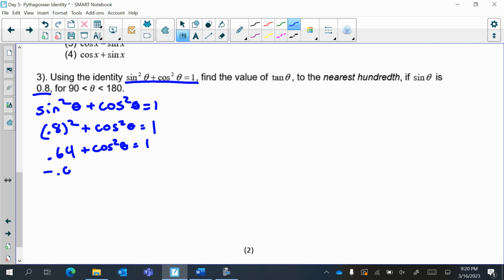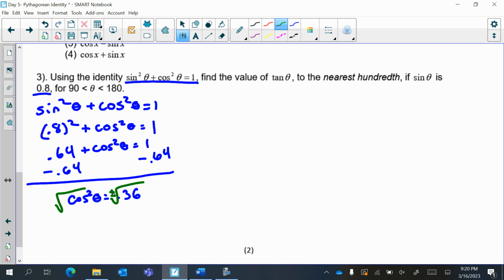If you subtract 0.64 from both sides, you're left with cosine squared theta equals 0.36. You're going to take the square root, and when you take the square root, you get a plus or minus. So you're left with cosine theta equals plus or minus 0.6.